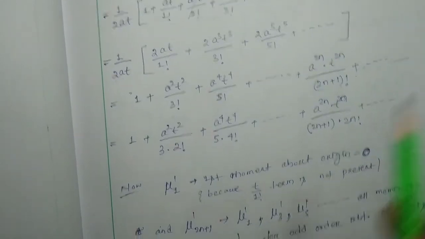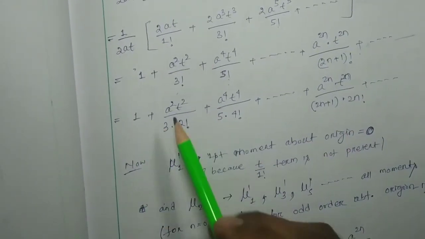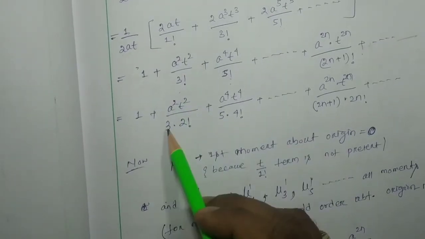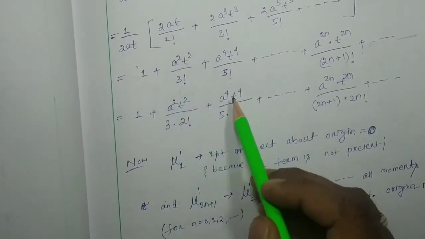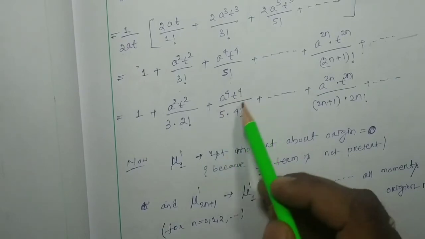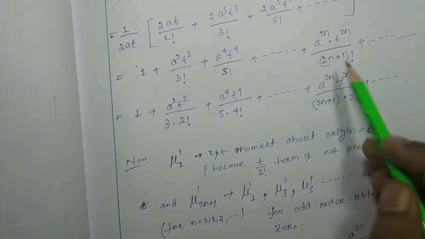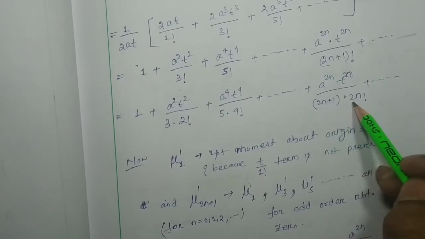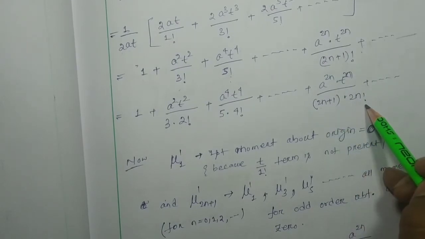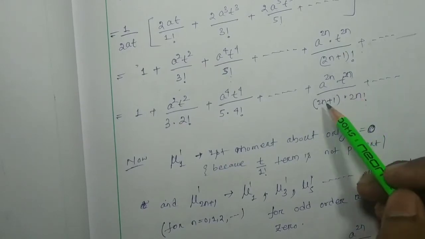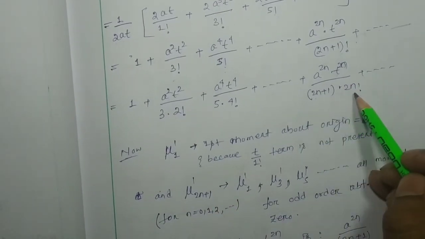So 1 plus a square t square by 3 factorial, you can write 3 into 2 factorial, a to the power 4 t to the power 4 can be written as 5 into 4 factorial, and so on. This denominator easily can be written as 2n plus 1 into 2n factorial, right?